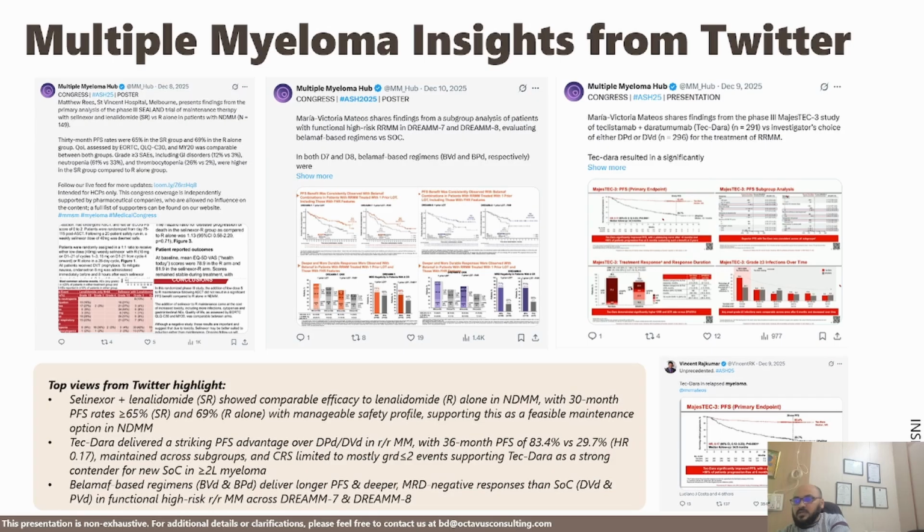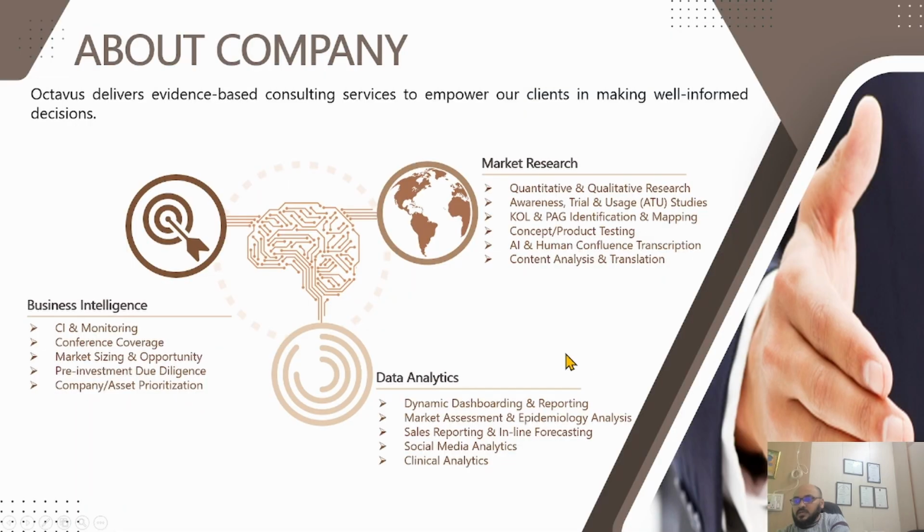Then the Tec-Dara combination study followed as the second one, and then Belamaf-based regimens, BVD and BPD. The Dream 7 and Dream 8 results have also gotten a lot of views. So yeah, that's about the multiple myeloma space and ASH.